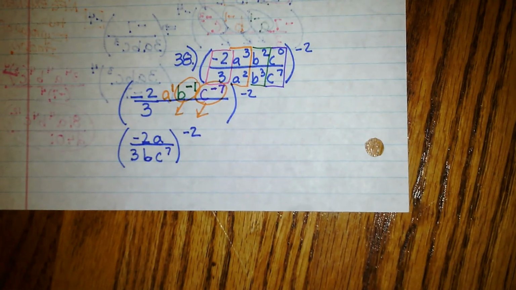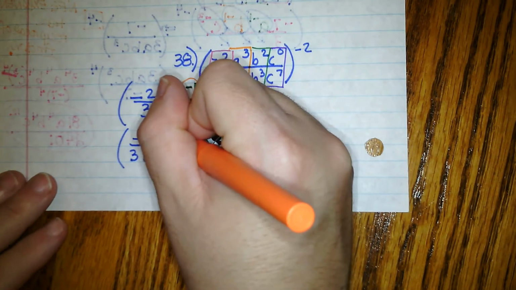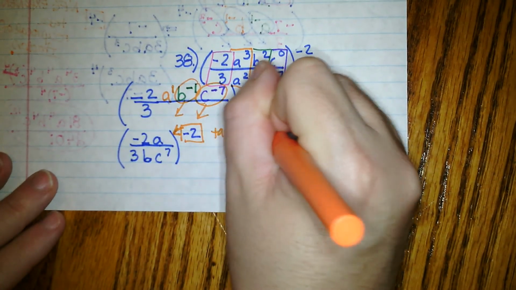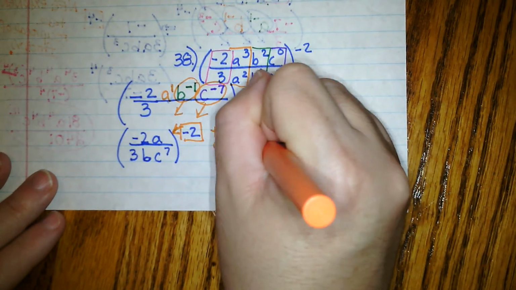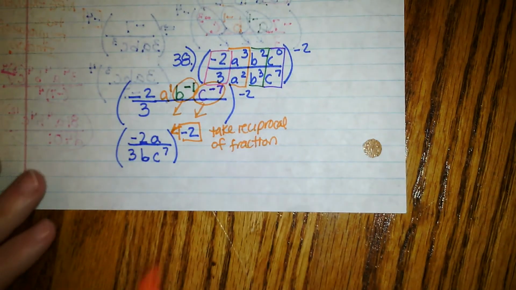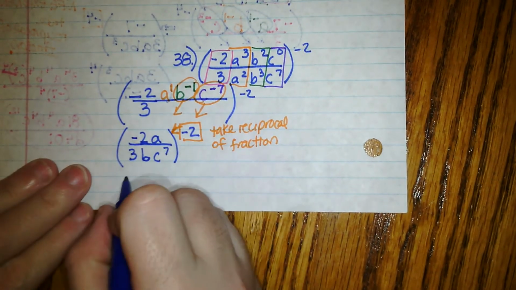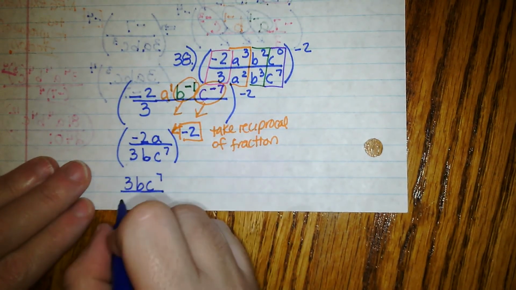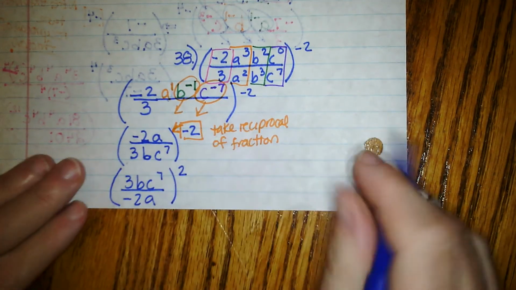Next step. Negative exponent on the outside of a fraction means that you have to take the reciprocal of the fraction to get rid of that negative exponent. So 3bc to the 7th over -2a, all raised to the +2.